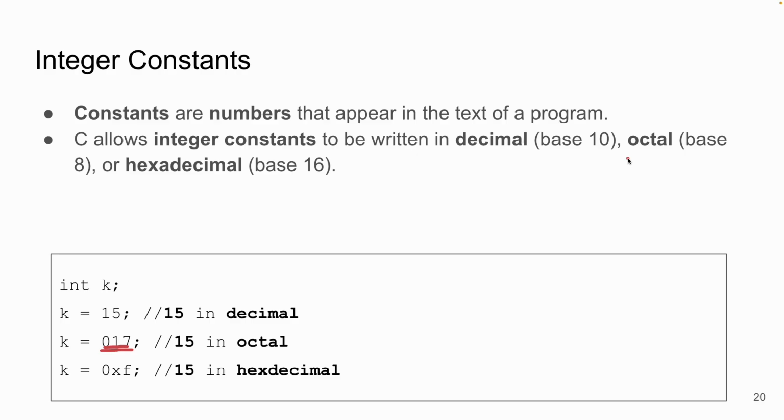If we convert this octal number back to decimal, it is 15. Also, this hexadecimal number is 15 in hexadecimal format. In the following slide, I'm going to tell you how to convert between all those formats, and why we need to learn how to calculate octal, hexadecimal, and binary numbers.